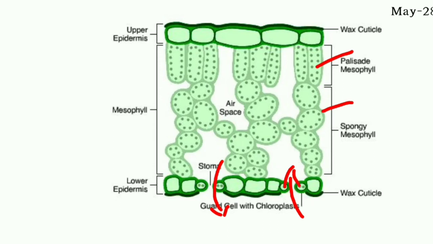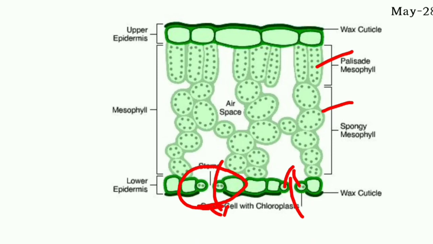In the chapter we will discuss that, but here, whether the stomata will be open or closed is decided by two cells which surround this minute pore.